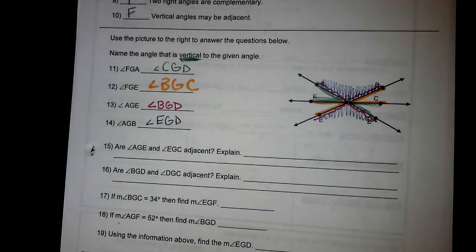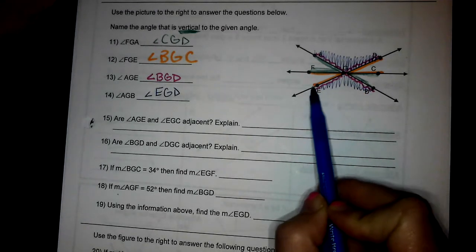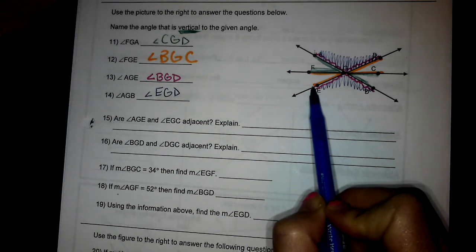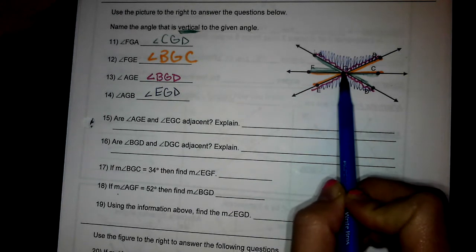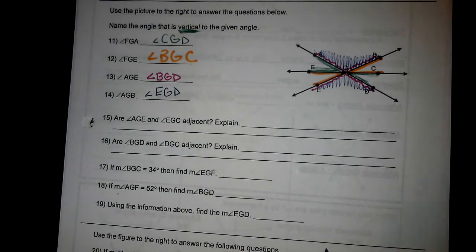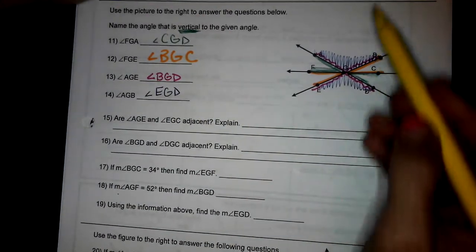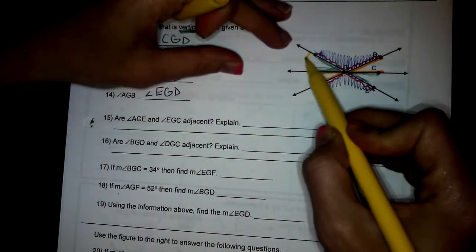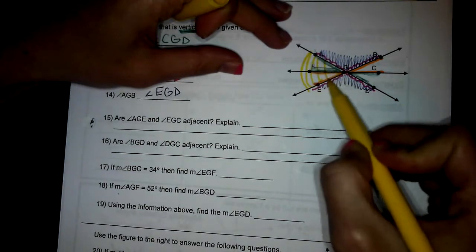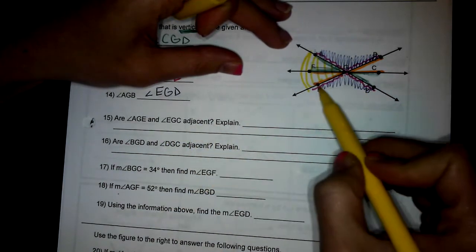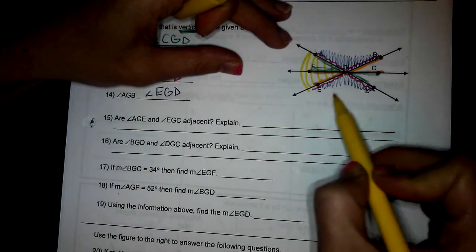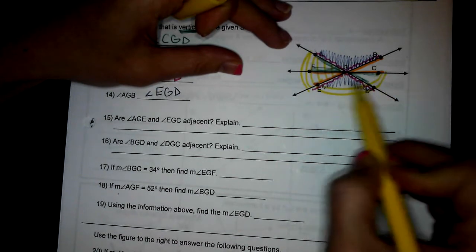Okay, now it's asking us some questions based on that picture. Are angle AGE, so here's A to G to E, and EGC, here's EGC, are they adjacent? So they want to know if they're adjacent. Adjacent means sitting next to. So are these two angles sitting next to each other? So if I have AGE, that's this whole section in here, and I have EGC, E to G to C, that's this whole guy in here.